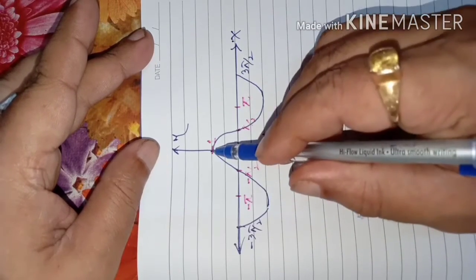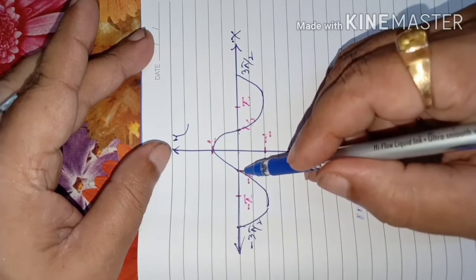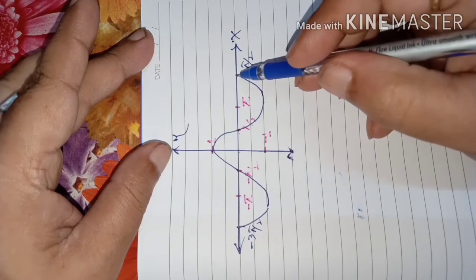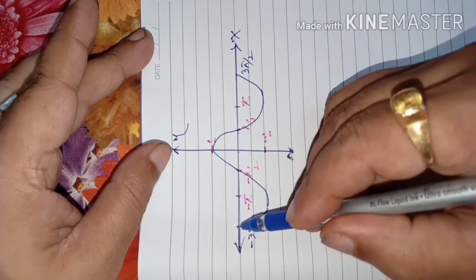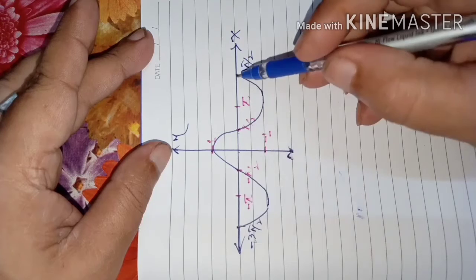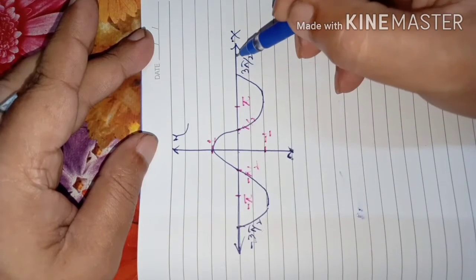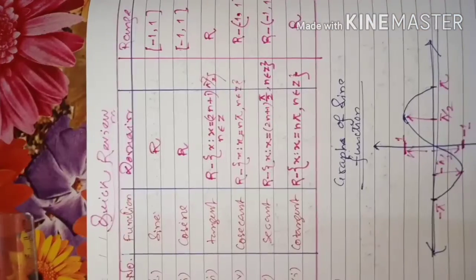At 0 it is +1, at pi by 2 it is 0, and at -pi by 2 it is 0. Again at pi it is -1, at 3 pi by 2 it is 0, and at -pi it is -1, at -3 pi by 2 it will be 0. Then at twice pi, it will be +1. So it goes that way.